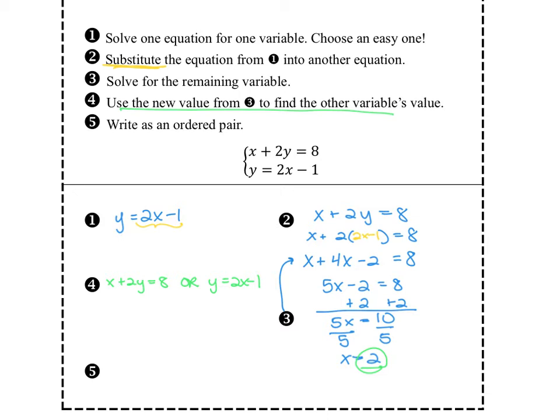In this first equation, that would say 2 plus 2y equals 8. Let's just solve this one. I would need to subtract 2 from both sides to get 2y equals 6. Then I would divide by 2 on both sides to get y equals 3.